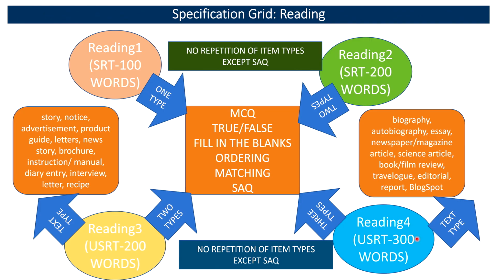So basically in grade 10 or SEE examination, this specification grid is used for preparing questions for your examination. So there will be 4 reading texts: reading 1, reading 2, reading 3 and reading 4, which you can also see on the screen.